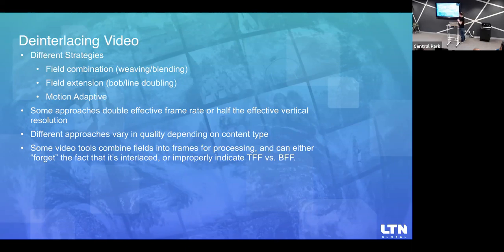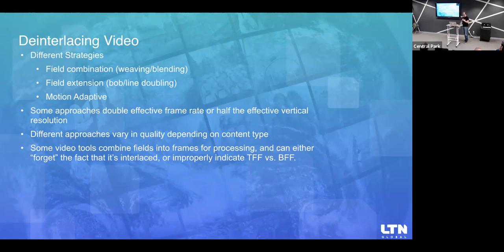The other thing we're mentioning here, and not to beat on FFmpeg or some other tools, is that a lot of video processing tools don't know about fields, or they don't treat them separately. They just compact them together into a frame, which is okay as long as you indicate along the line that this is interlaced content, and in particular whether temporally the top part came first or the bottom part, because eventually you're going to have to do stuff to it and you need to know which part occurred first in time.